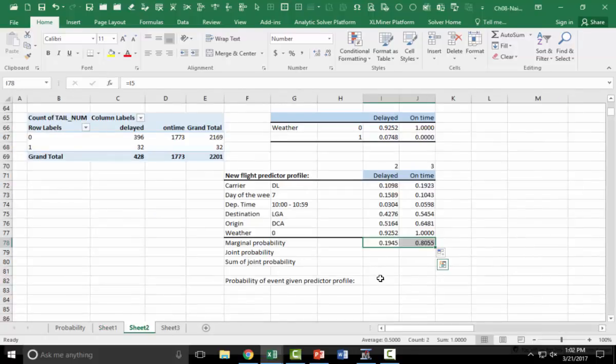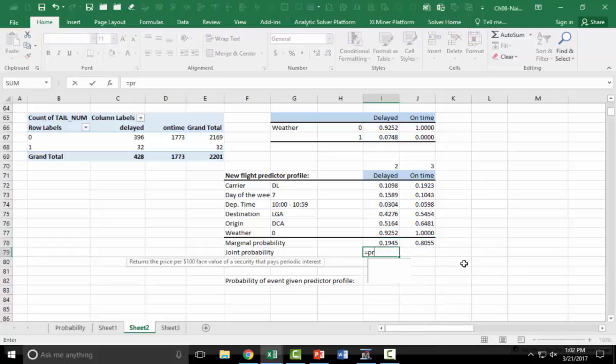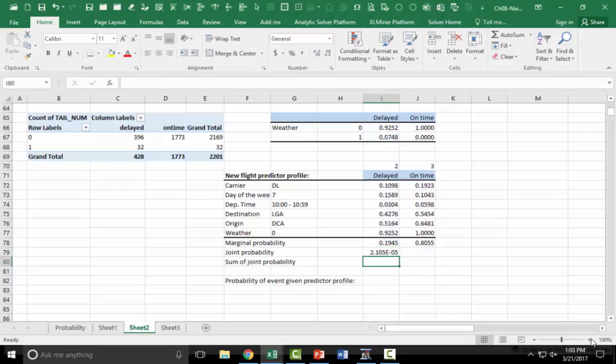In this case that would be the joint probability. So we can use the product function. Marginal probability times the first conditional probability times the second conditional probability for the second predictor, and so on.